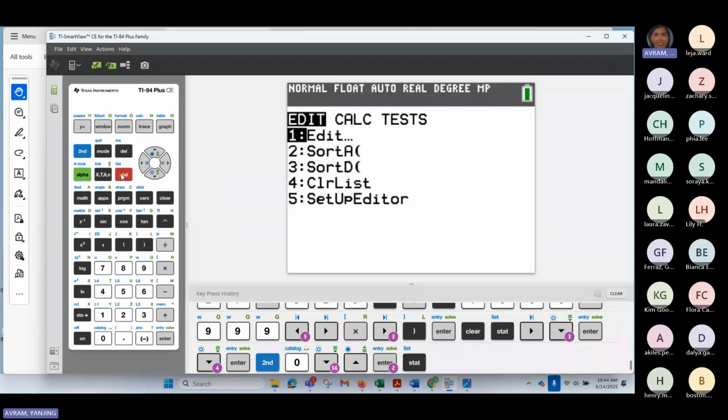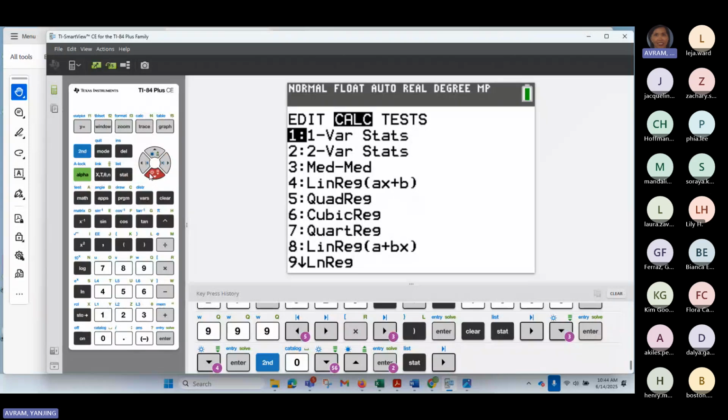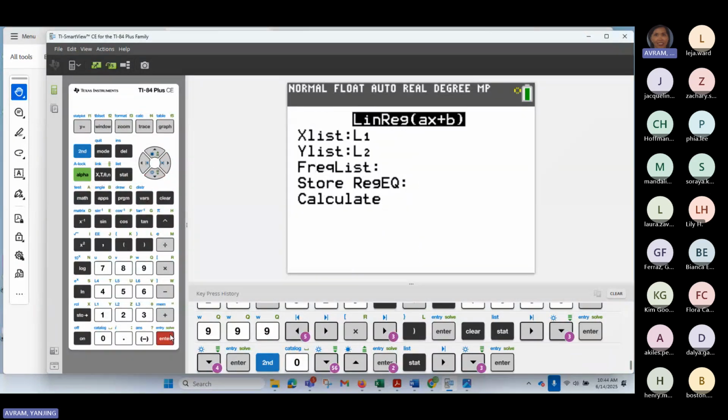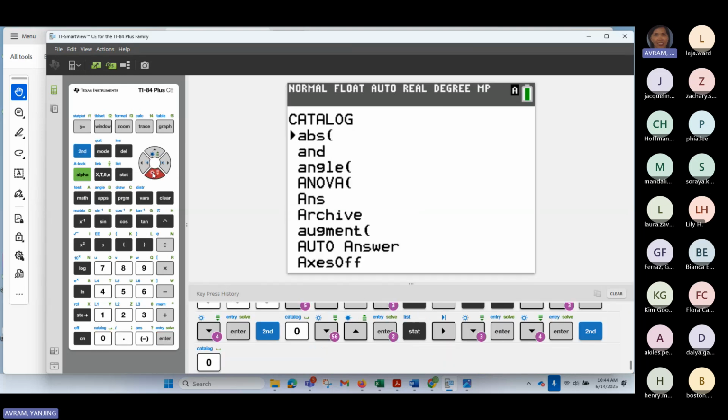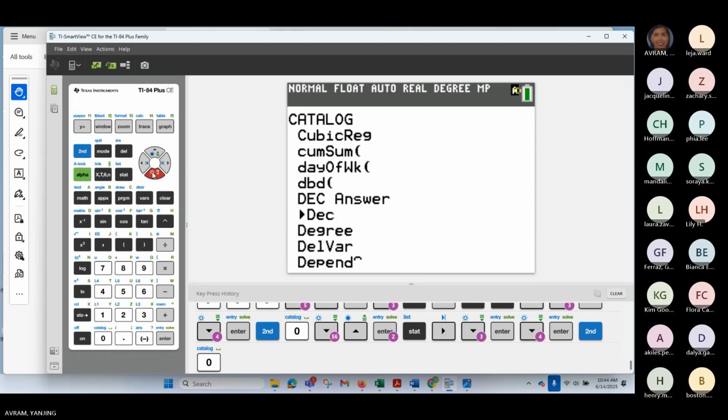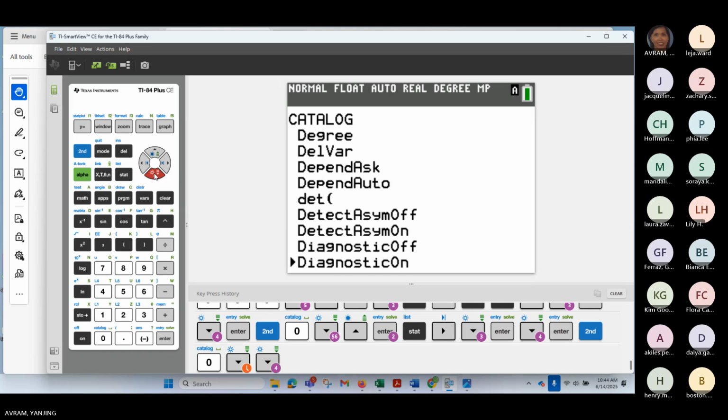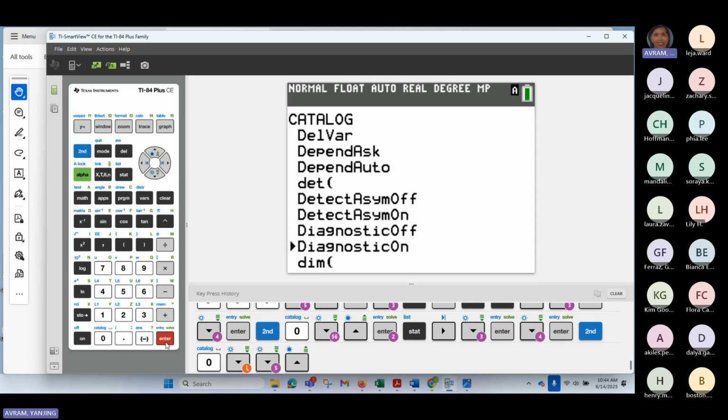And then you come back here to do the calculation, and you do the linear regression. If you didn't have the R earlier, this time you will have an R because you turned on the diagnostic. So just make sure that you know that sometimes the calculator does not show you the R, and where to turn it on: go to second catalog, then go all the way down to DiagnosticOn, and hit enter twice.